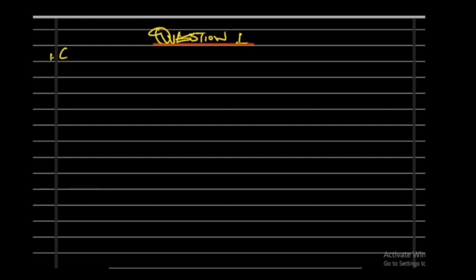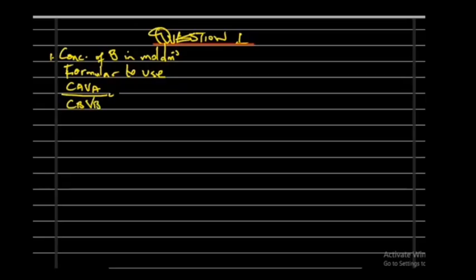Concentration of B in moles per dm cube. That's the first thing we have to calculate there. So the formula to use is CAVA over CBVB equals NA over NB.